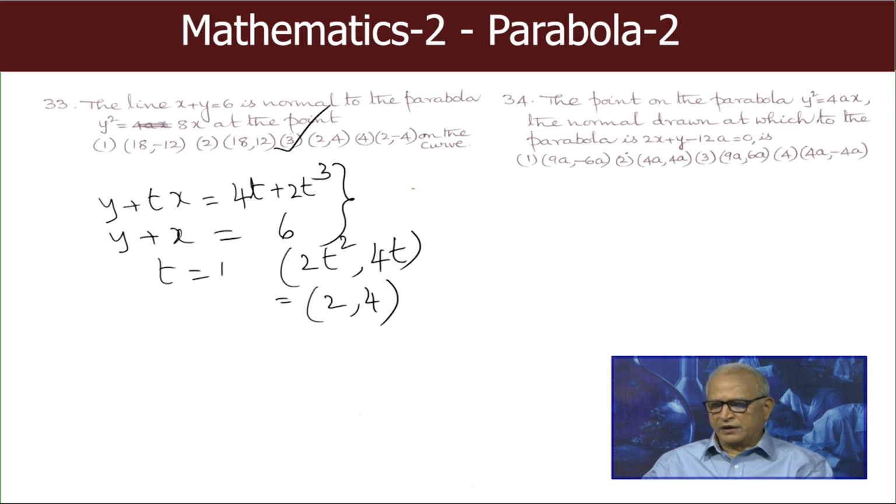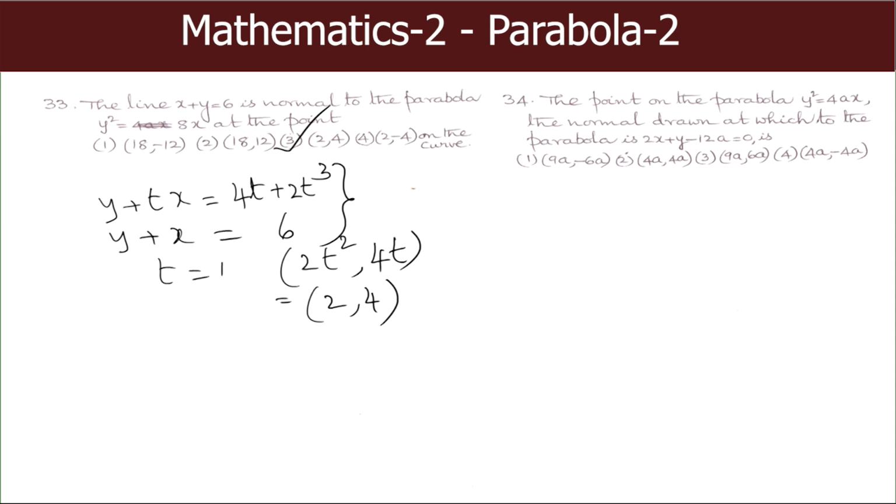Next, the point on the parabola y square equal to 4ax, the normal drawn at which to the parabola is 2x plus y minus 12a equal to 0. Well, this is more or less identical to the previous question, except that there is a slight change in the equation of the parabola. Instead of 8x, it is 4ax, that is the standard form.